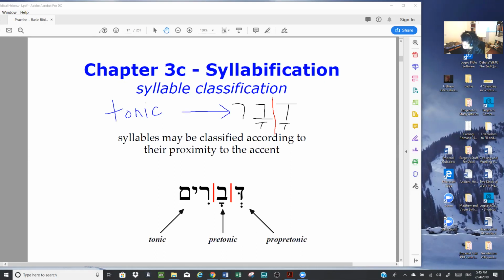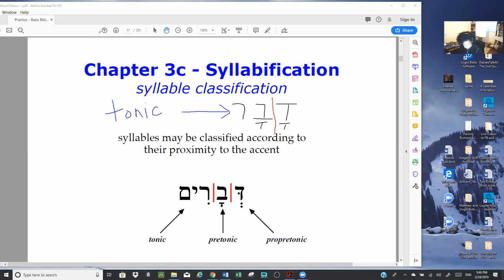Number two, pretonic. Syllables in the pretonic position occur before the tonic syllable.